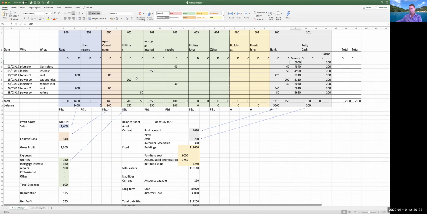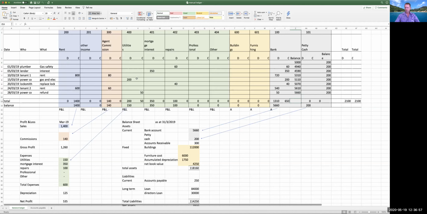Okay, and you can see that for this example, we start the month with a £5,000 credit balance. You've got £5,000 of funds in the bank account, and then these are the effects of those transactions on those funds, and they will be directly related to the bank statement that you see.